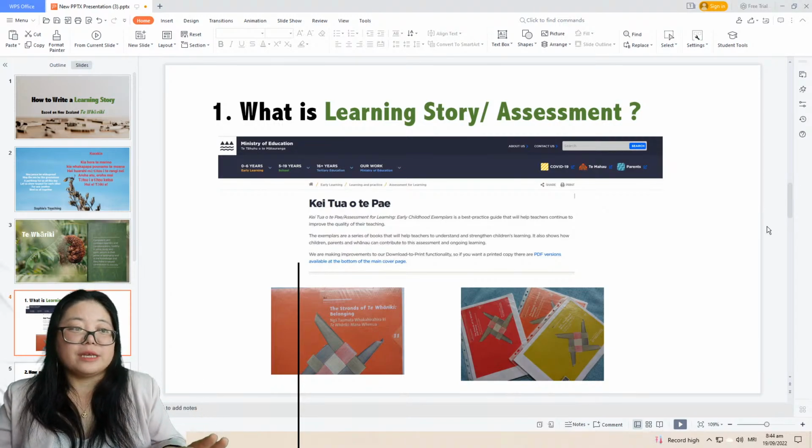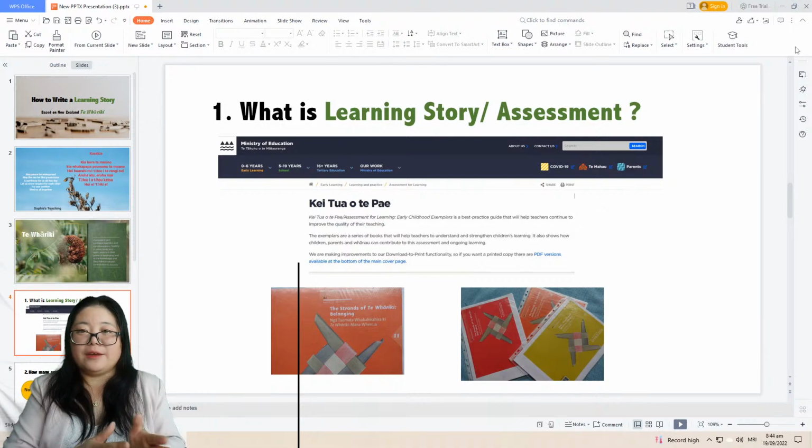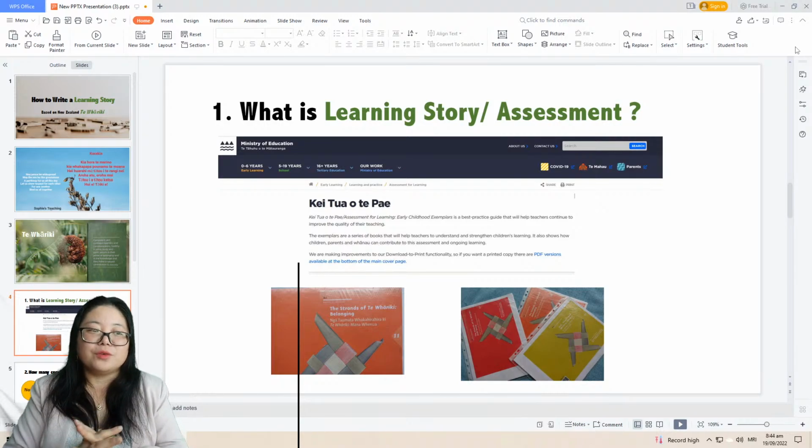As you can see, it has a PDF available to everyone. You don't need to log in or register any account. It's available to everyone. That's the best part about visiting the official website of each country.